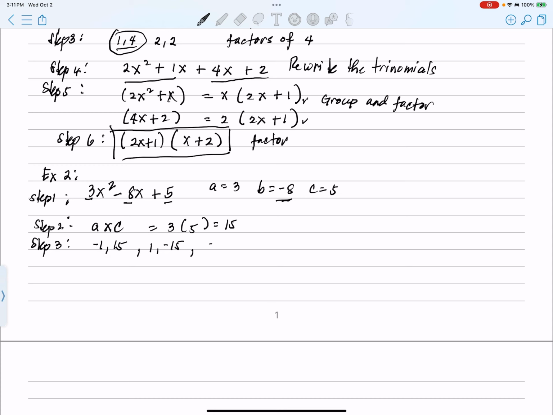So negative 3 and 5, and positive 3 and negative 5.